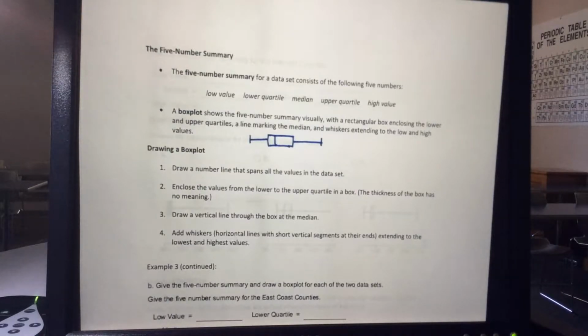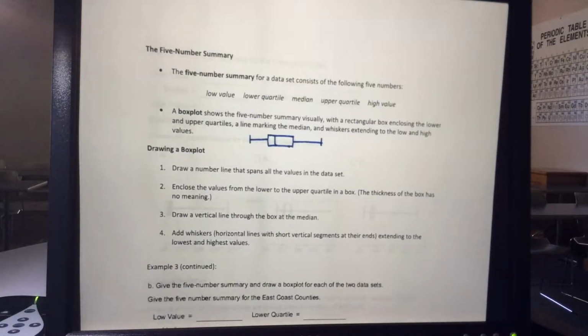Now, when we draw a box plot, we're going to draw a number line that spans all the values in that data set. And then second, enclose the values from the lower to the upper quartile in a box. The thickness of the box has no meaning. And then number 3, draw a vertical line through the box at the median. And then number 4, you're going to add your whiskers.